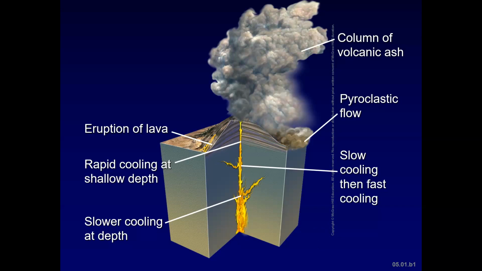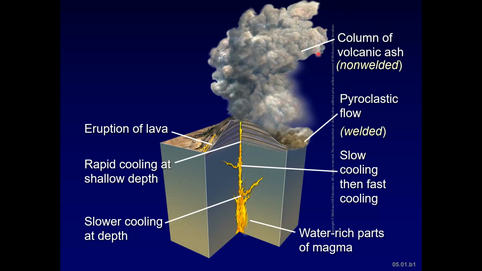So slow cooling would result in large crystals, and then fast cooling would be like the fine-grained matrix that you see in a porphyritic rock. If you have water added to magma, you get these incredible larger crystals to form things like pegmatites.